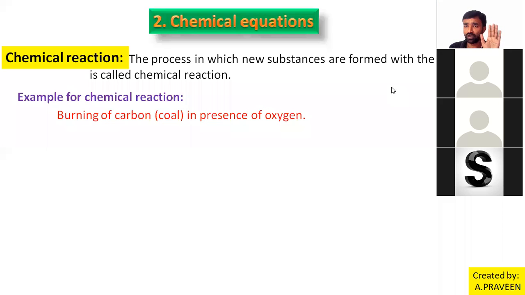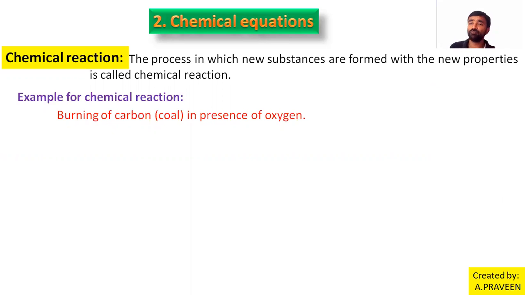Burning of carbon or burning of paper, wood, fuels, for example LPG gas, right? Sir, there is no ash remaining. I did not observe it because it is a gas. It will give you less waste and it will give you heat and light, releasing gas, right?